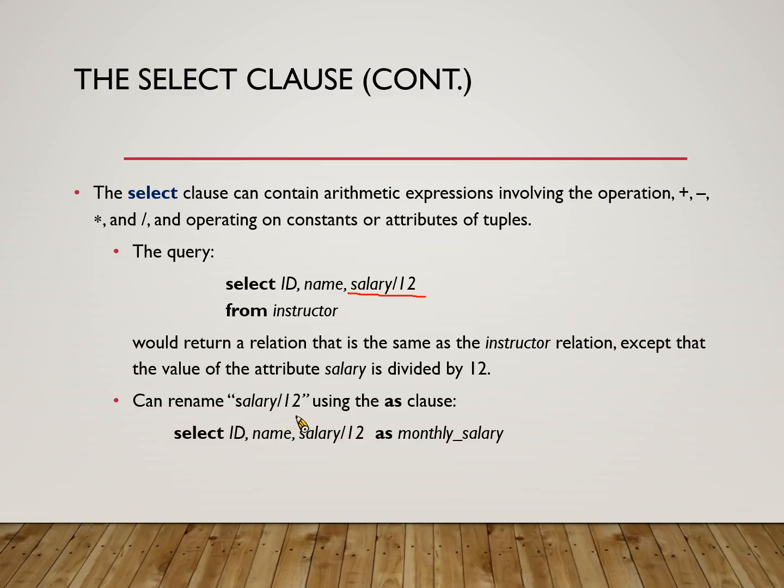And if we want to name this column monthly salary, we can use as to give this attribute an alias.